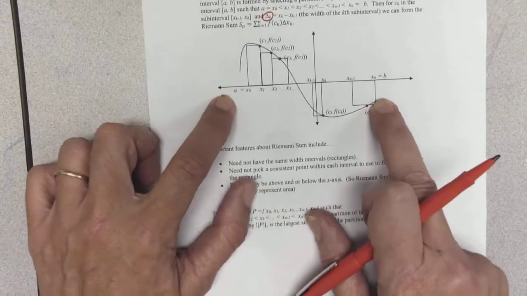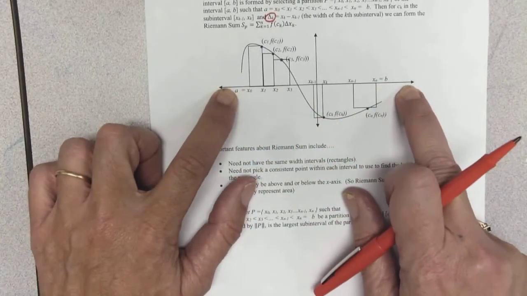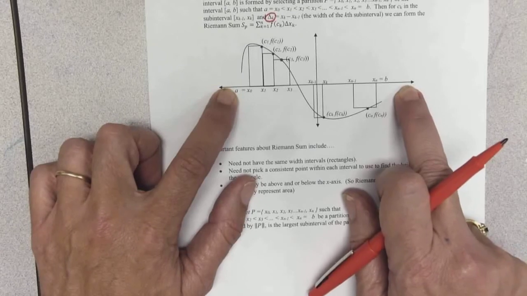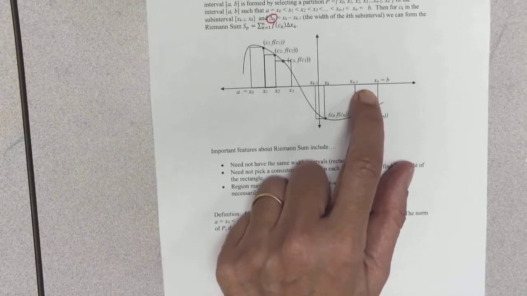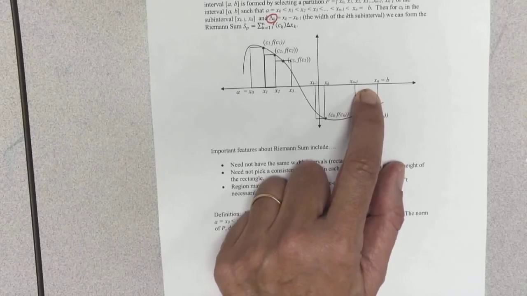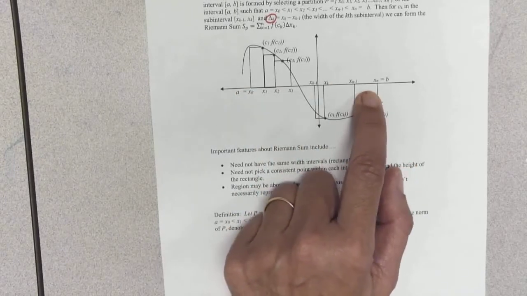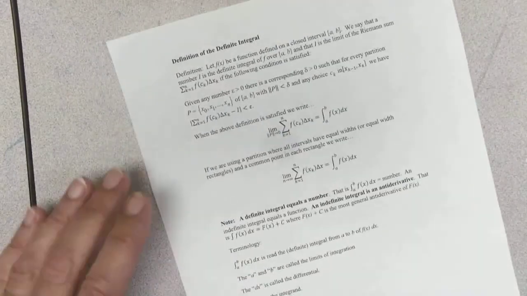So when I've whacked my basic interval into subintervals, the norm of that partition is the largest subinterval. Looking at this picture here, it looks like the norm of this partition would be this width right here. So the norm is just the width of the largest rectangle, basically.